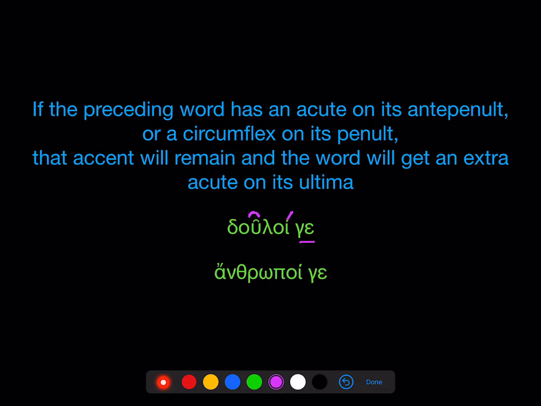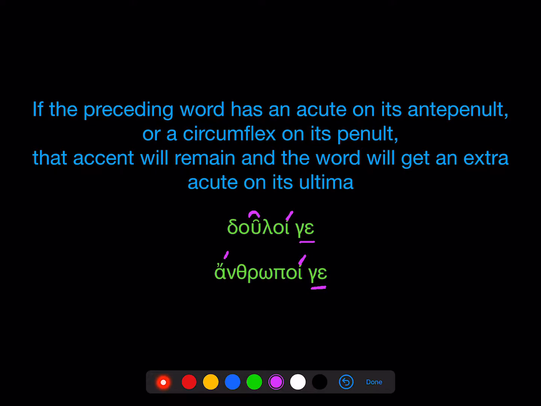So it actually has two accents in a row, a circumflex and then an acute. Or the word anthrōpoi. Anthrōpoi has an acute on its antepenult, and when it's followed by the enclitic, it gets another acute on its ultima. Okay?